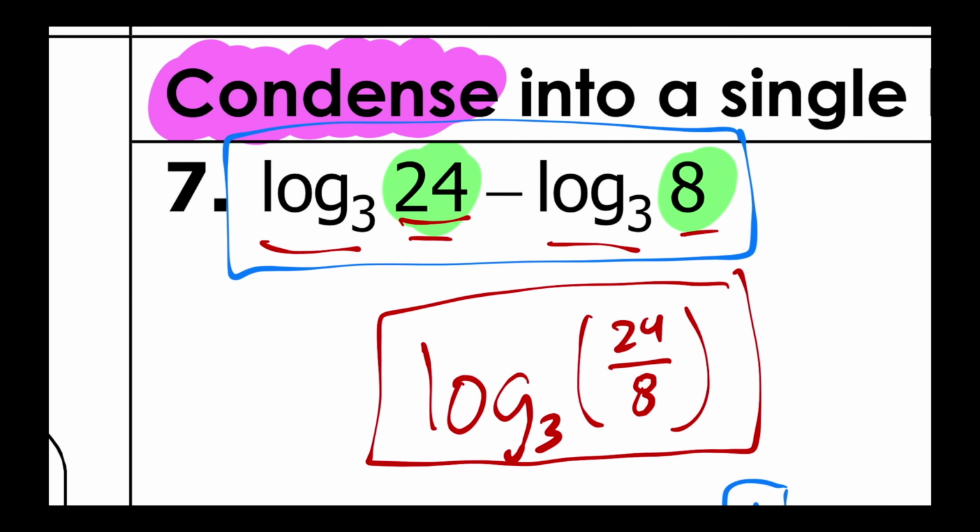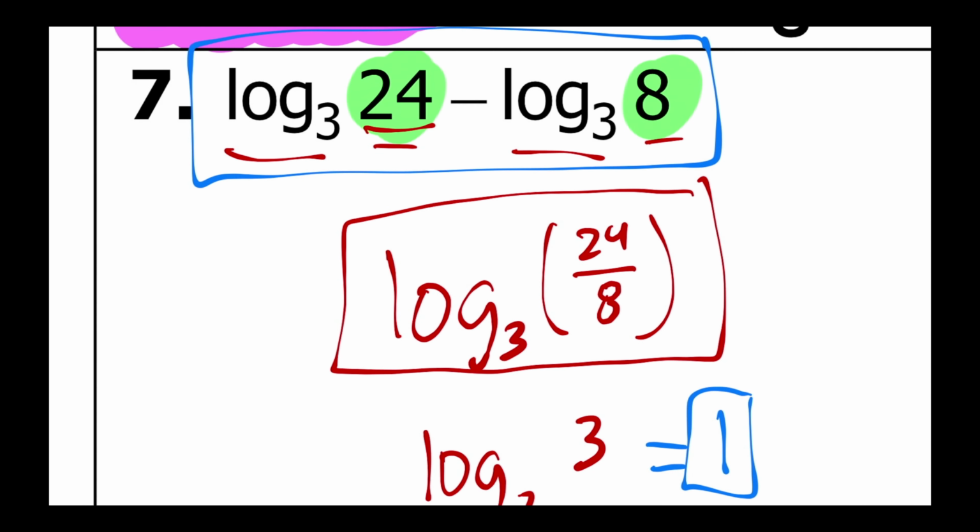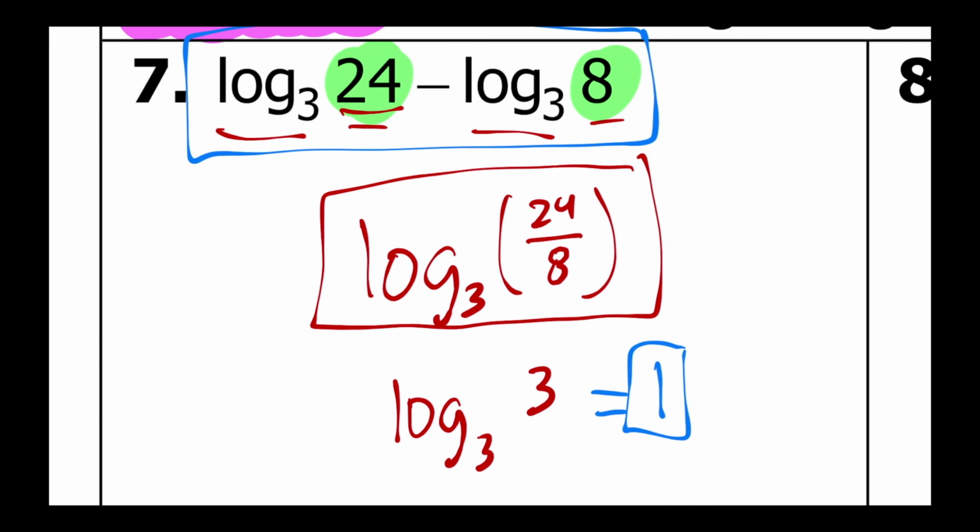So if you know a 1-year-old that can talk, tell them, instead of when someone asks them, how old are you? They can say, I'm log base 3 of 24 minus log base 3 of 8. That means 1. Then you can have a really smart sounding 1-year-old.